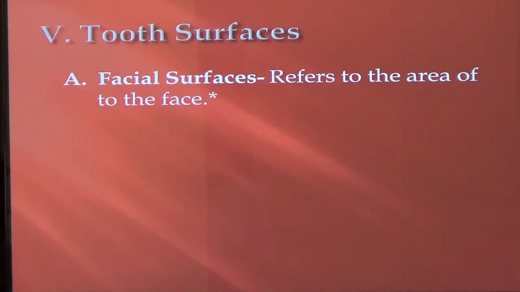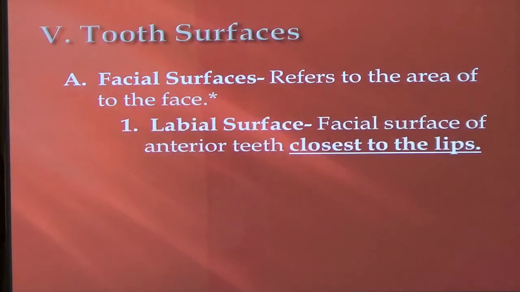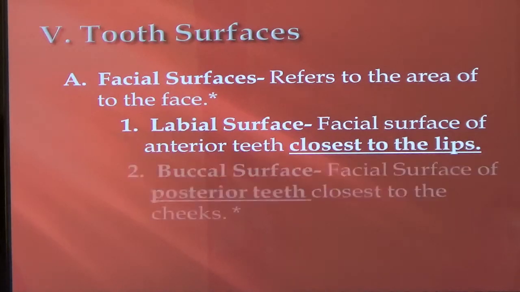So on your central incisor, the part that you can see is the facial surface. The part on the tongue side is the lingual surface. You can also call the facial surface the labial, because it's closest to the lip. So the facial surface or the labial surface is the same.